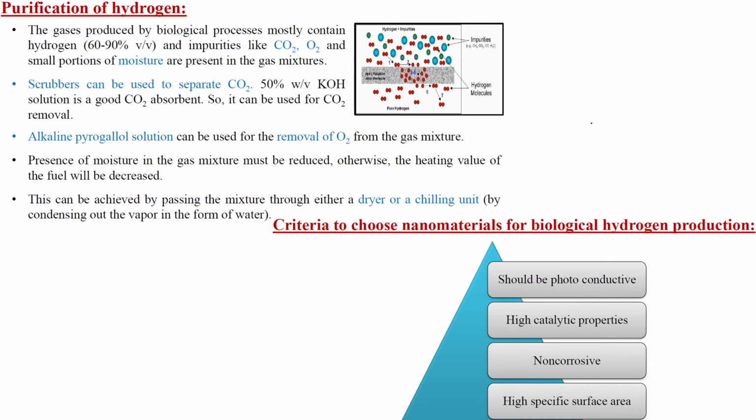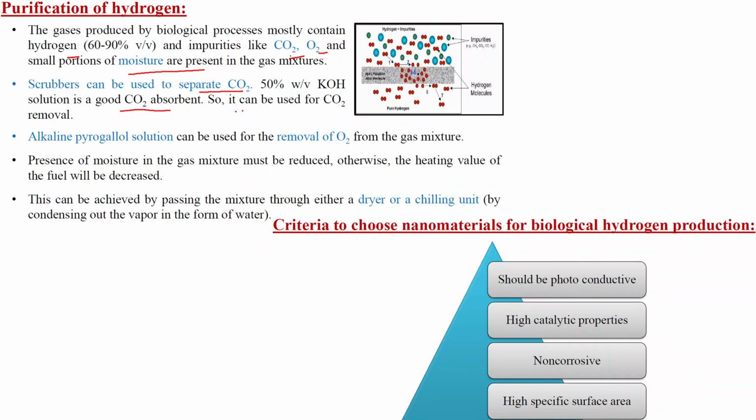Now coming on to purification of hydrogen. As you may know, during the production of hydrogen, various other gases may also come with it, such as carbon dioxide, oxygen, and carbon monoxide. The gas produced by biological processes mostly contains hydrogen and impurities like carbon dioxide, oxygen, and traces of moisture. Scrubbers can be used to separate carbon dioxide; a 50% weight by volume KOH solution is a good carbon dioxide absorbent.